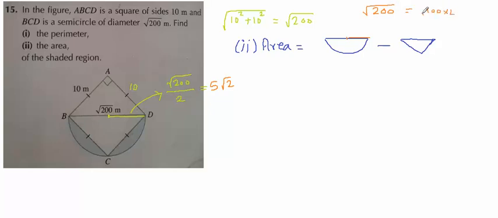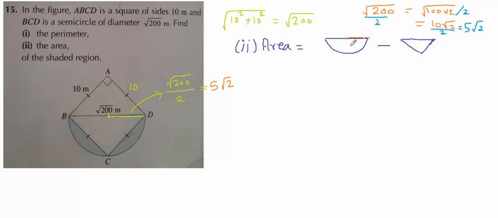If you bring this 100 outside the square root, this will be 10 root 2. Then this divided by 2 means the 10 divided by 2 and the root 2 divided by 2. Remember, you will not cancel this 2 with this 2. So this will be 10 divided by 2, which is 5 root 2, the radius of the semicircle.